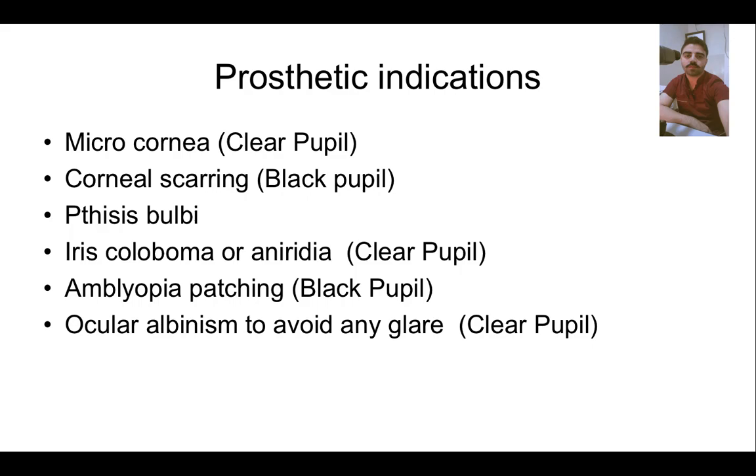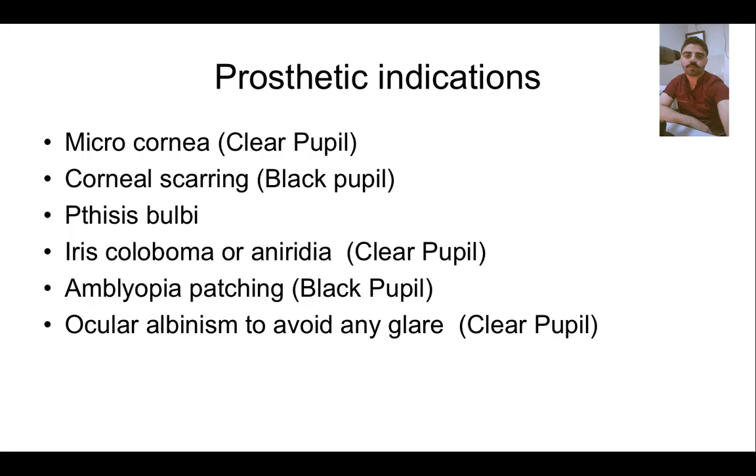But if we are going to fit a patient who has corneal scarring, and the cornea is densely scarred at the central visual axis area, obviously this person will not have any sort of functional vision. So we are just interested in hiding this scarring of the cornea, and in this condition we can fit the patient with a black pupil prosthetic lens.